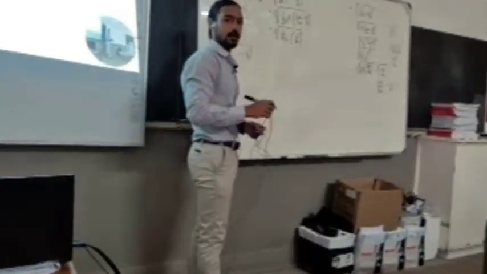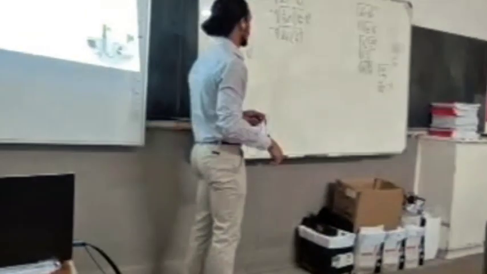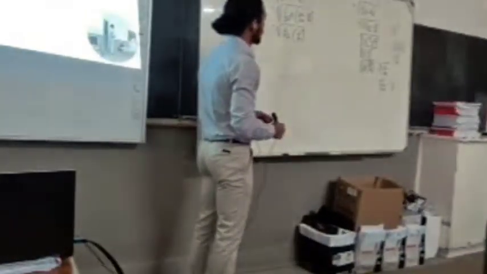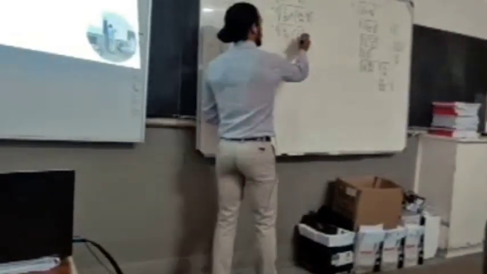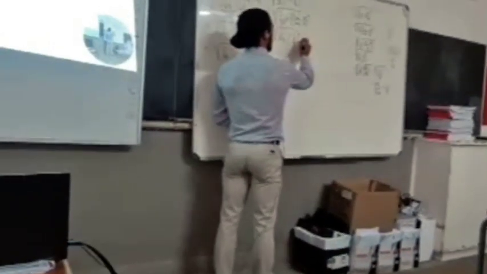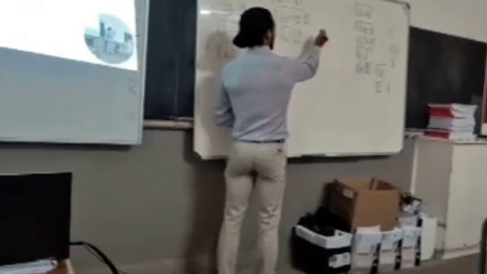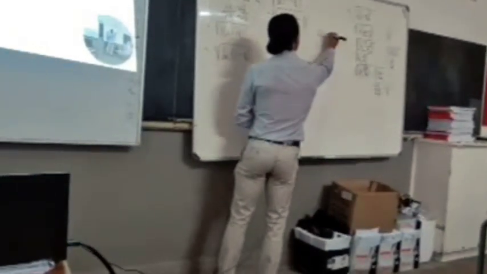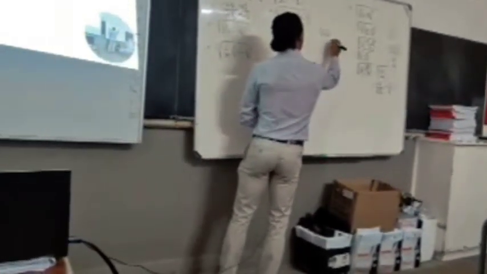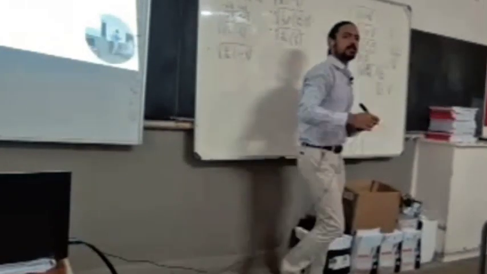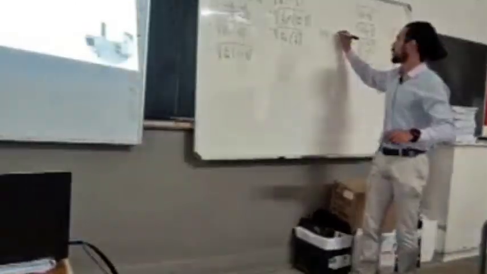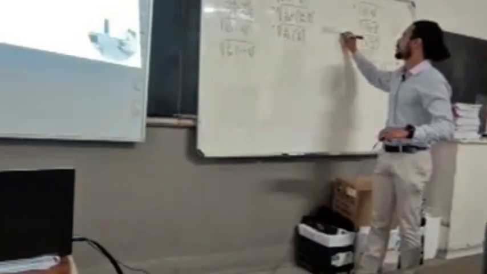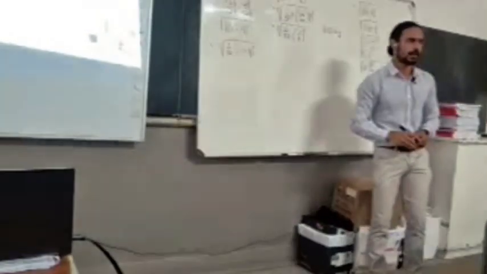How can I simplify numbers that are big like this? I can simplify them.